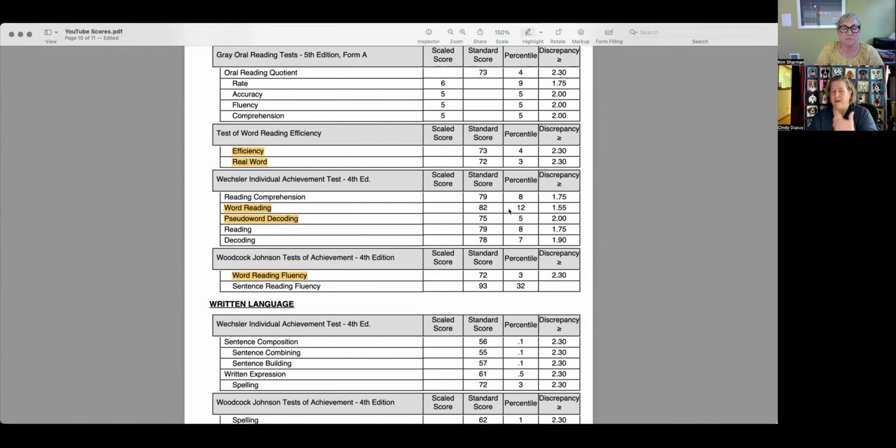Now, ironically, this kid did better on this word reading task than he did on this particular test. He did well on this one, but in general, his efficiency, his real word, his pseudo word, and his word reading fluency are all in the single digit percentile ranks.